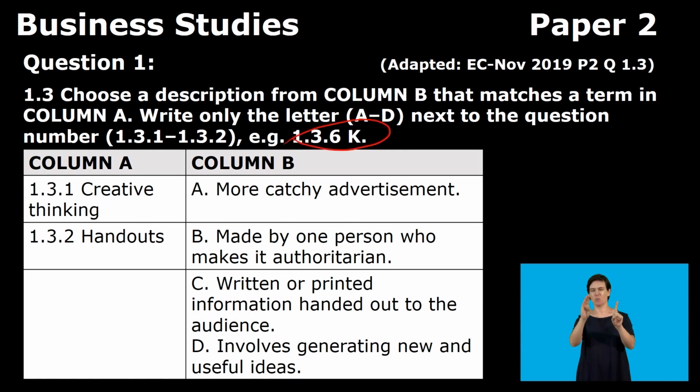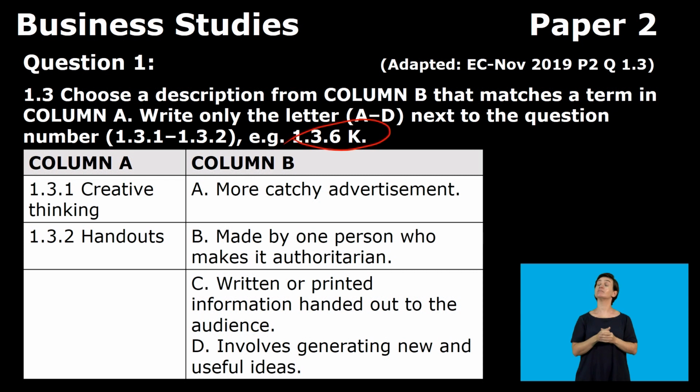Right, let's write our answer there. Creative thinking, let's look. Is it A, more catchy advertisement? B, made by one person who makes it authoritarian? C, written or printed information handed out to the audience? D, involves generating new and useful ideas. So which one is the correct answer?